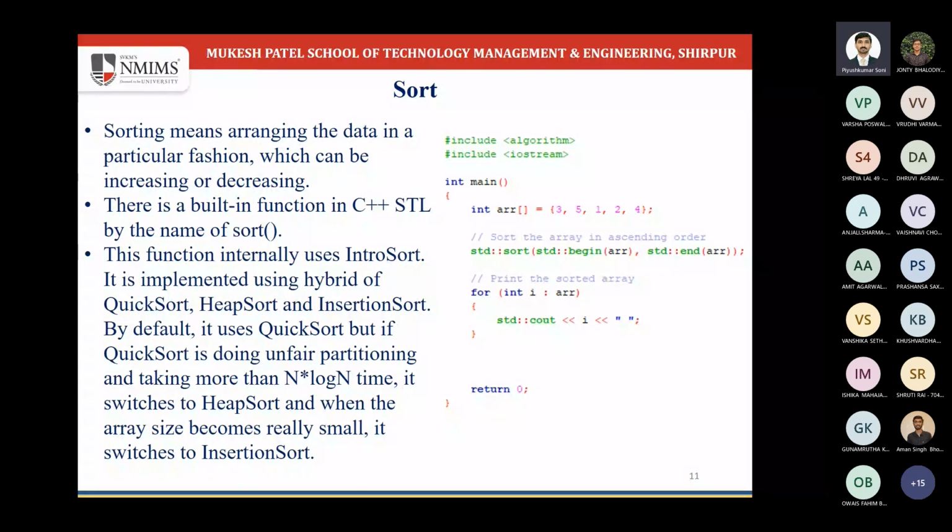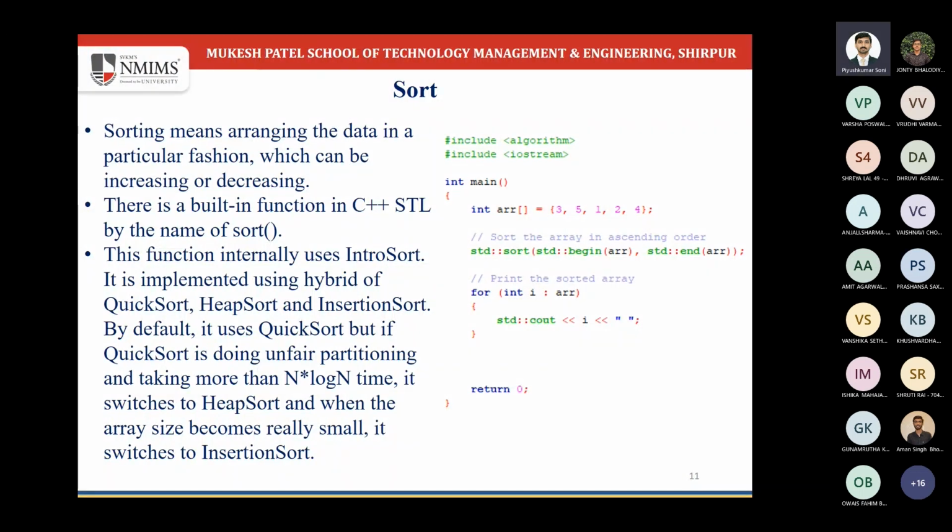We are aware of many sorting algorithms, and we know that quick sort and heap sort work very well; those are the most efficient sorting algorithms. Still, this sort function from the template library works very well because it is a hybrid of quick sort, heap sort, and insertion sort. By default, it uses quick sort.